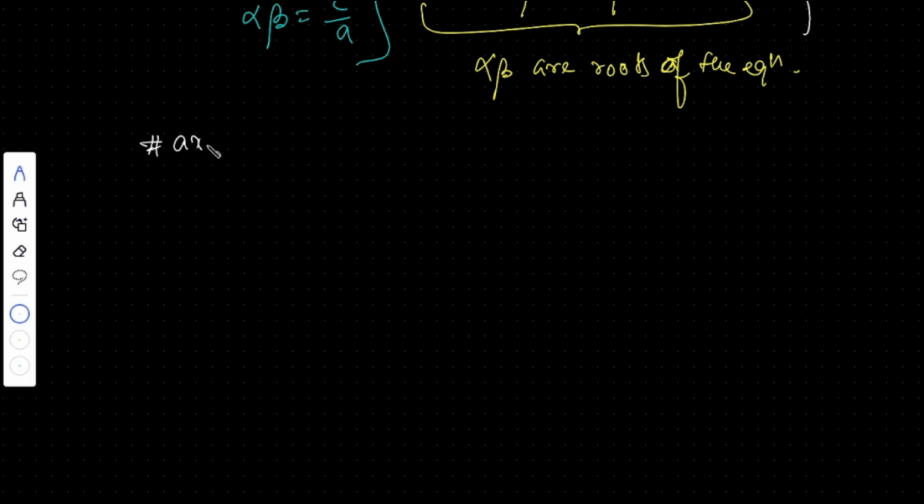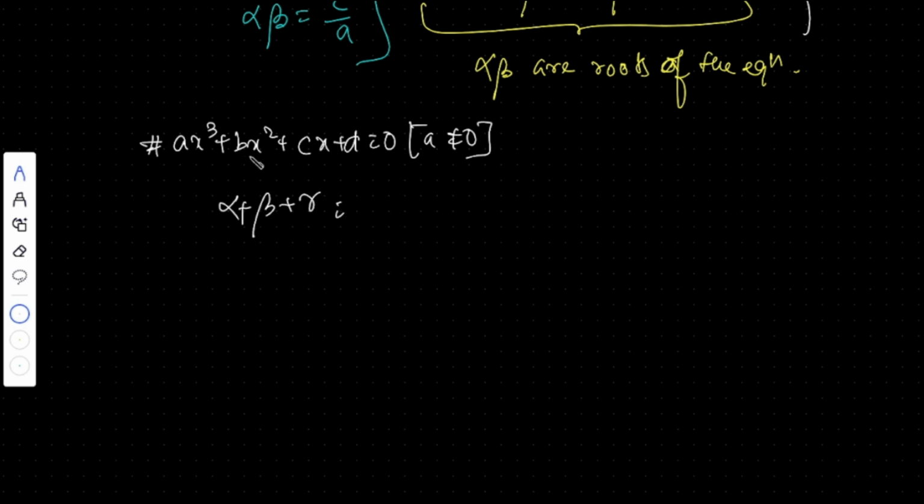Given equation a x cube plus b x square plus c x plus d equals 0, that's the basic form of a cubic equation. It states that alpha plus beta plus gamma equals minus b by a. These are 3 roots. The highest power is 3, therefore it will have 3 roots.